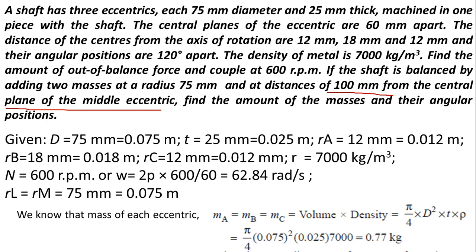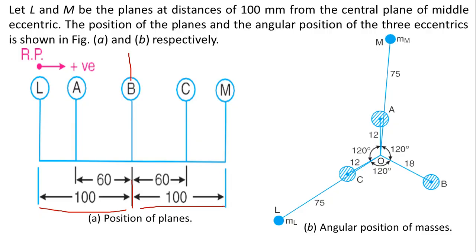Then the angular positions, what are they given? They are given directly as 120 degrees apart. That means the three masses are 120 degrees apart, since the total angle possible is 360, so each of the three masses will be 120 degrees apart. So that is being considered here. You take any position from A, B and C, all will be 120 degrees apart.